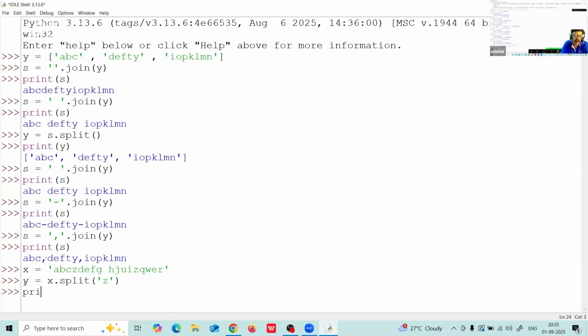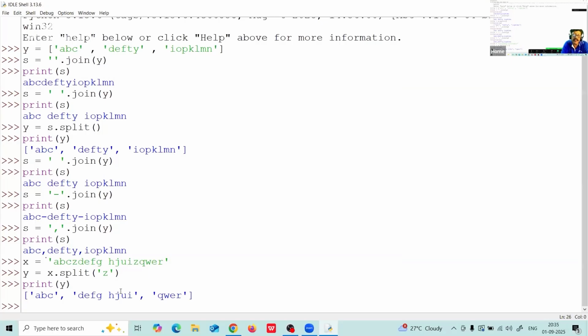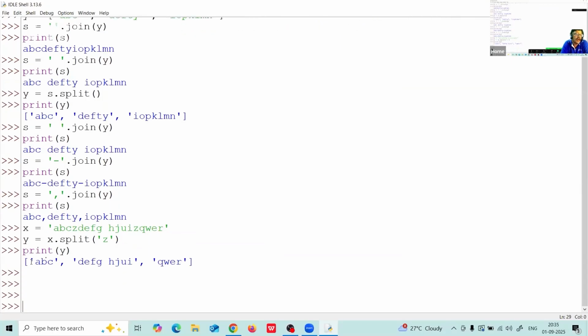What will y be? Y is a list. You note y is a list. ABC is the first word because Z was not included. Z was our boundary delimiter. Then D, E, F, G space H, J, U, I, because after H, J, U, I, we had this Z. And then the last word. Now the requirement is that we want to split it on the space also.